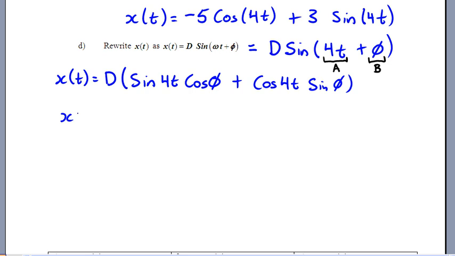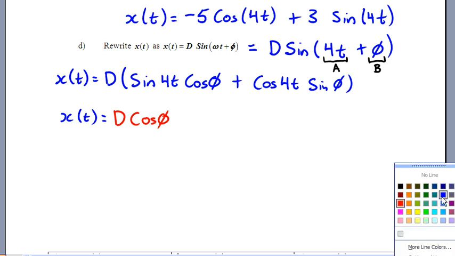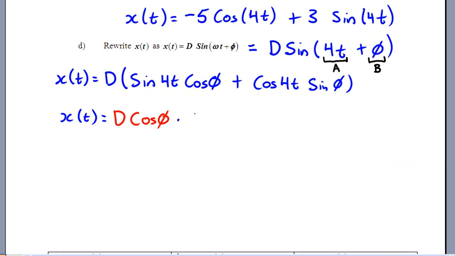I'm going to rewrite this as, okay, for the first part, I'm going to put the D and the cos phi together. I'm going to distribute the D, and I'm going to write that deliberately here in red. So D, a number that I just don't know, multiplied by the cosine of phi. So phi is just a number I don't know, and cosine of phi is also a number I don't know. That would be multiplied by the sine of 4t.